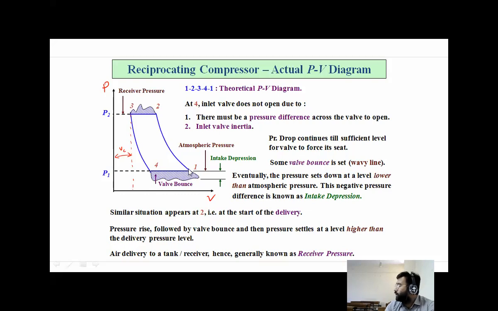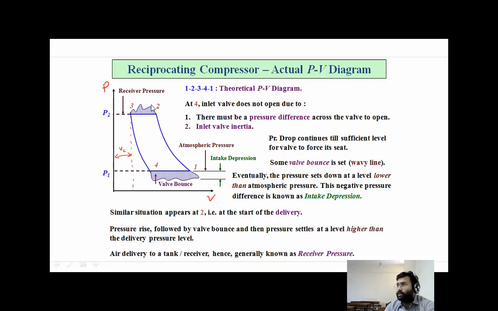Okay, understood? Now again the piston moves from BDC, point 1, to TDC, point 2. This is the compression stroke. At point 2, it was assumed theoretically that the discharge valve should open, but that does not happen. The pressure has to be a little higher in order to open the discharge valve. So actual discharge pressure is higher than the theoretical one.